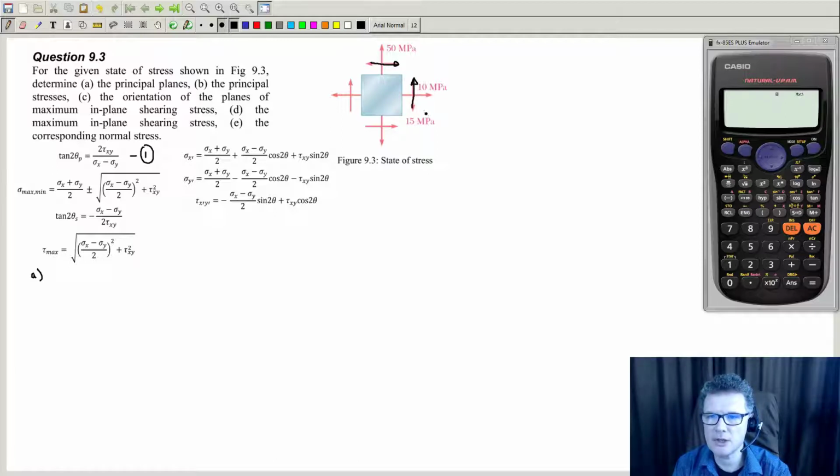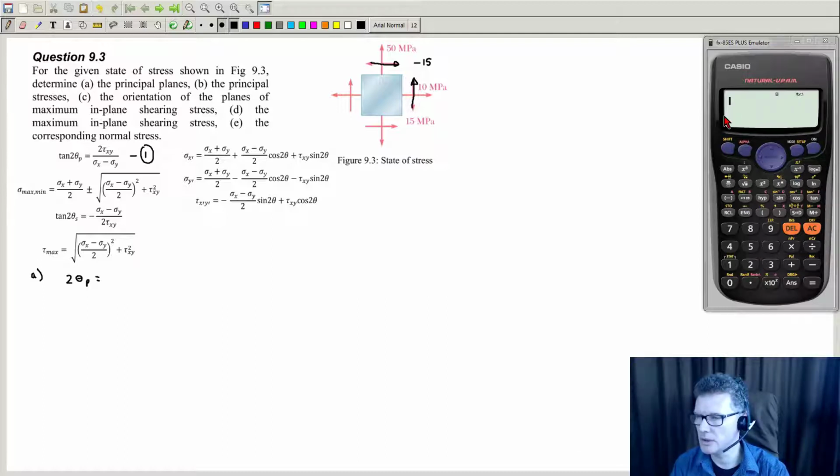So our shear is a negative shearing effect. Everything else is fine. So it's easy to put in negative numbers into here. So we're going to first find out what 2 theta p is.